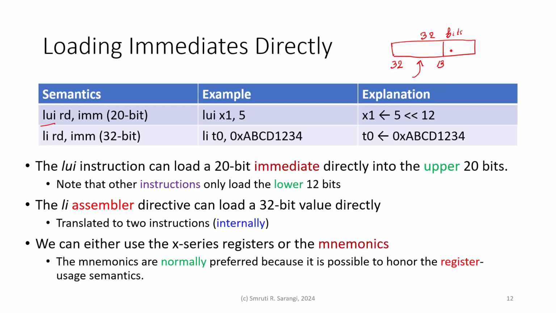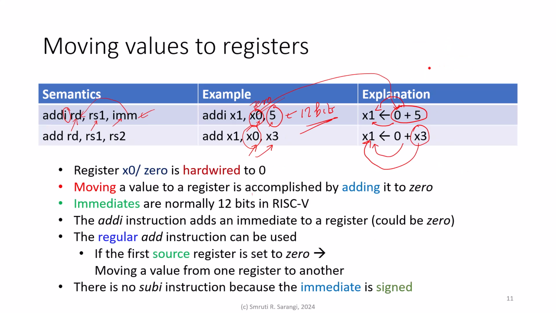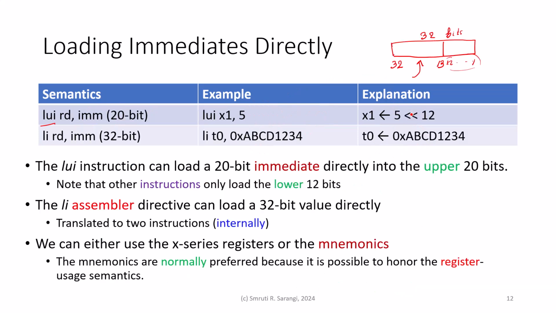The rest of the contents from 1 to 12 will remain as they are, the reason being that bits 1 to 12 are something that we can anyway access and modify using the add instructions. Any move is basically moving it to the lower 12 bits. That is why the load upper immediate, LUI, instruction essentially targets the upper 20 bits, which other instructions like the add instruction are not targeting.